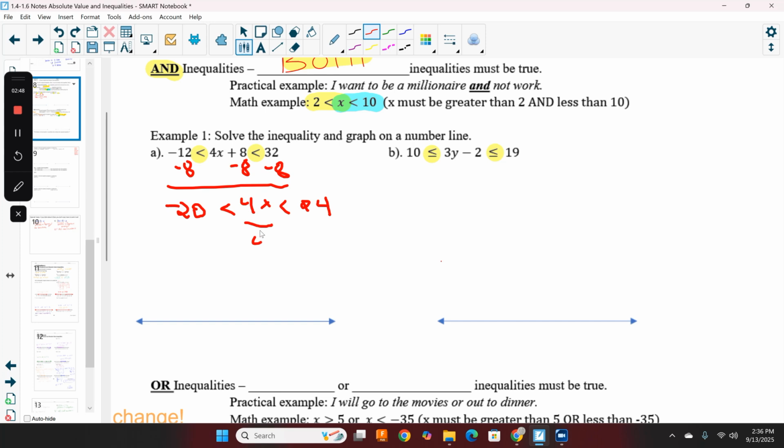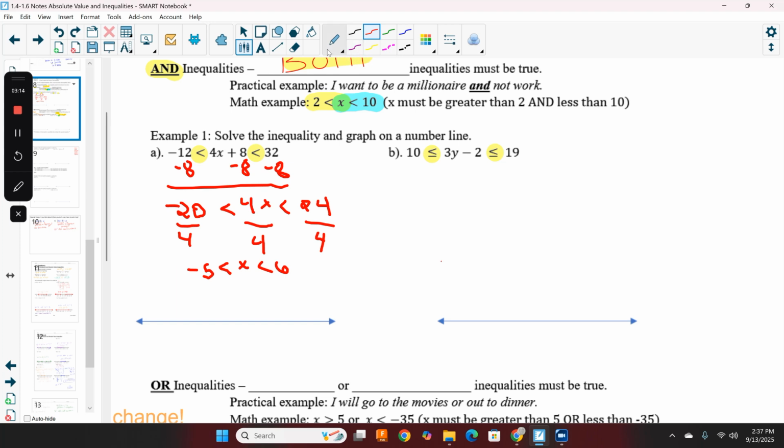What you do to the middle of the equation, you also have to do the left and right. We got to divide by 4. So then negative 20 divided by 4, negative 5 is less than x, and then 24 divided by 4, less than 6.